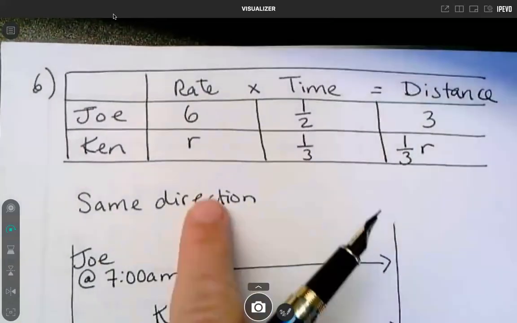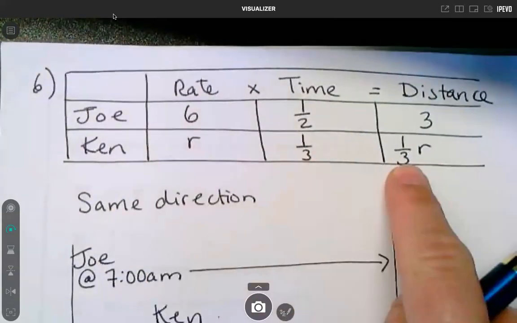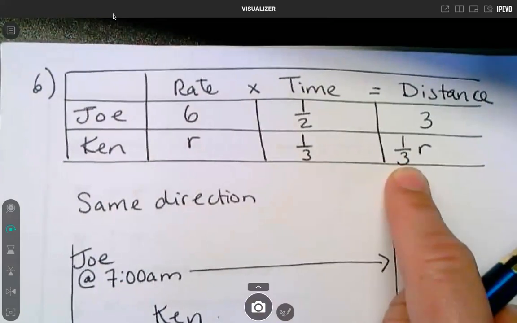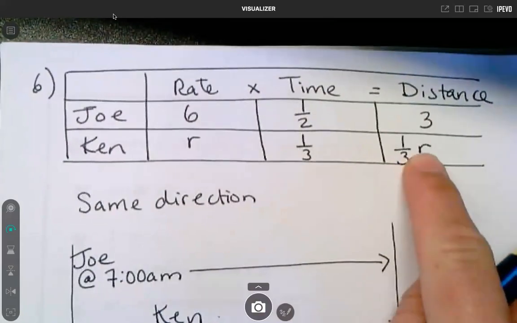But how fast did he have to run to make this equal 3? You can do it without even doing the equation right now. 3 times 3 is 9. So if he runs 9 miles per hour, 1/3 of 9 is 3.